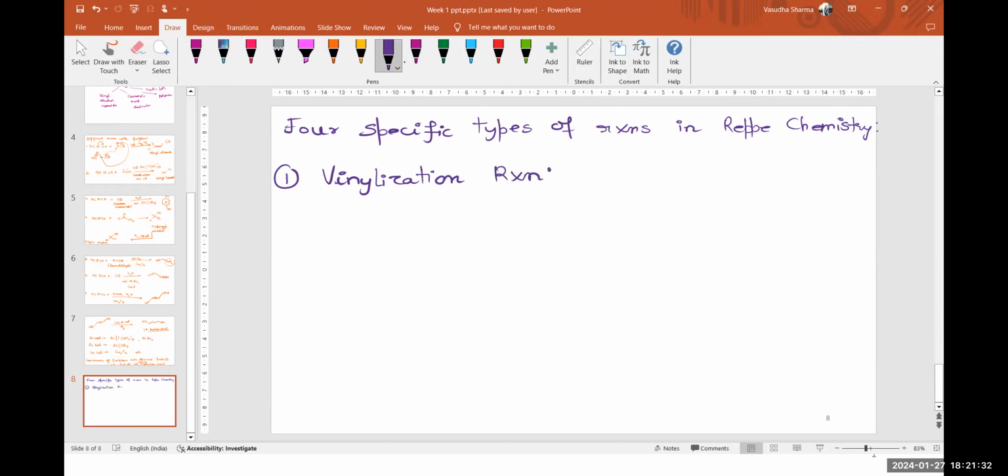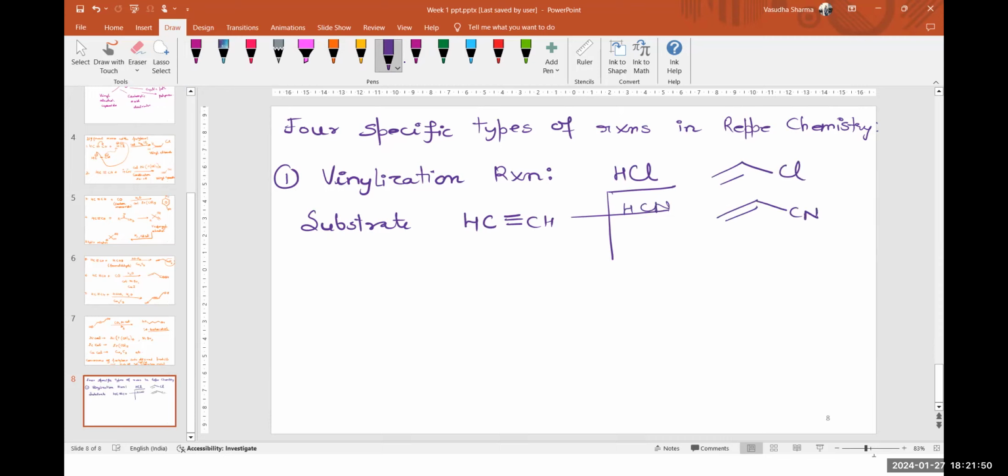Vinylization reaction, where the substrate would be acetylene, and corresponding to it, if I give HCl, it gives me vinyl chloride. If I give HCN, it gives me vinyl cyanide.